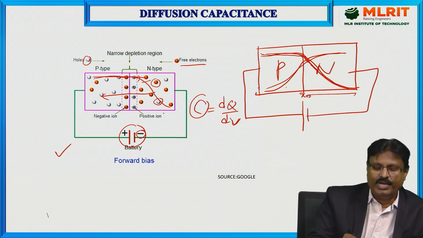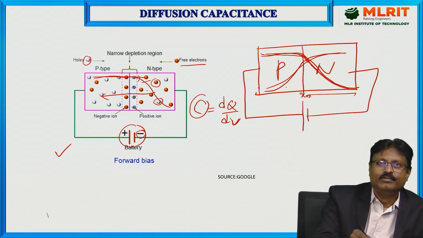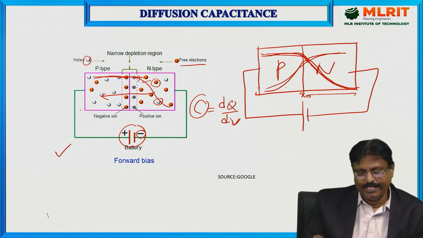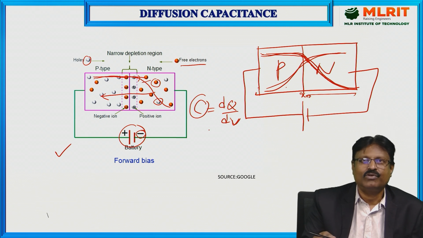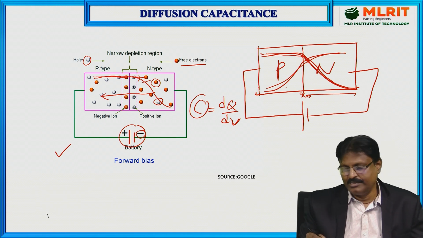Whenever you increase the forward biasing voltage, the injected minority charge developed on the N type and P side will be increased. That particular capacitive effect is called diffusion capacitance.